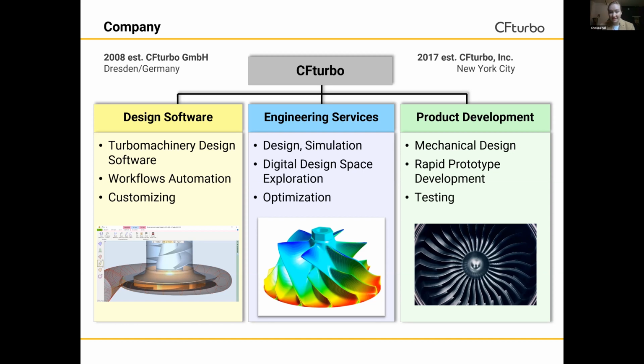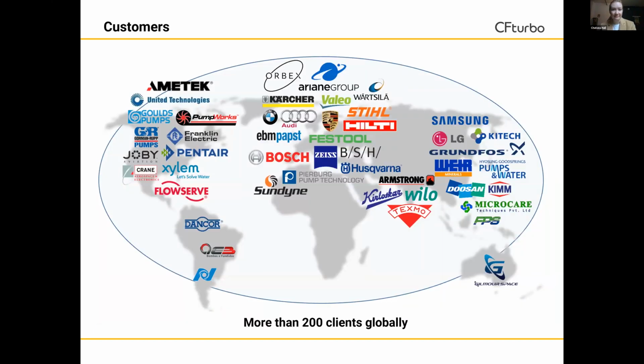Engineering services we offer next with design and simulation, digital design space exploration, as well as optimization. And lastly, we have product development, which is used for mechanical design, rapid prototype development, and testing.